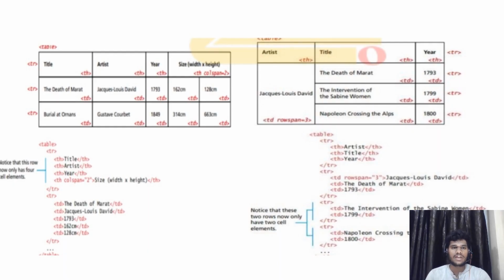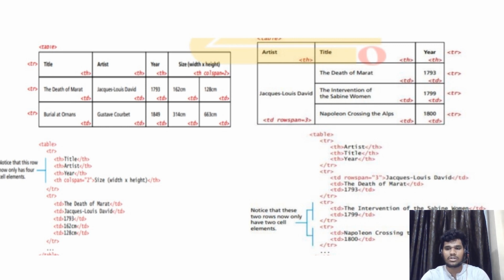And here we have an example. This is the table, and the header is the title and artist. Before this code, the table contains 5 columns. After using colspan, the table contains only 4 columns. These 2 columns merge into a single column. So this is the table header.